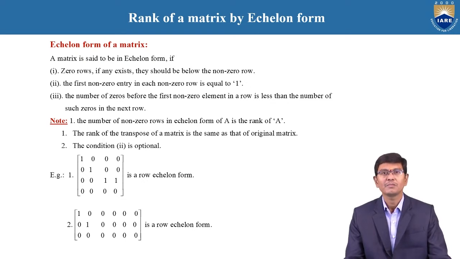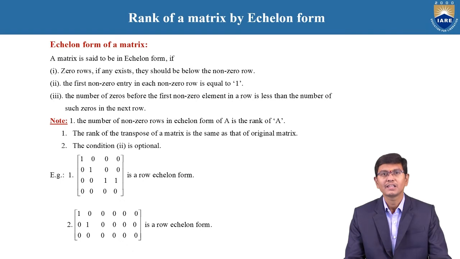The echelon form is sometimes called the row echelon form of a matrix. It is obtained by using only row operations, as we discussed in previous classes. We should not apply any column operations.